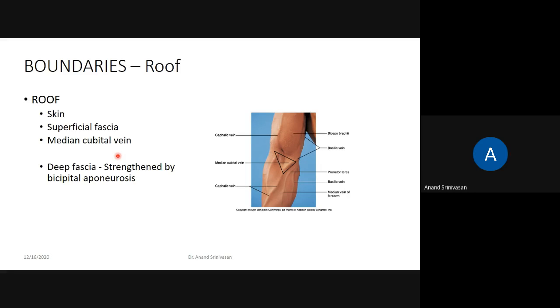Why is the median cubital vein most commonly used for withdrawing blood? Can you please tell me loudly? Okay. Yes, it is a larger area. Any other reason? Yes. Hurts less.